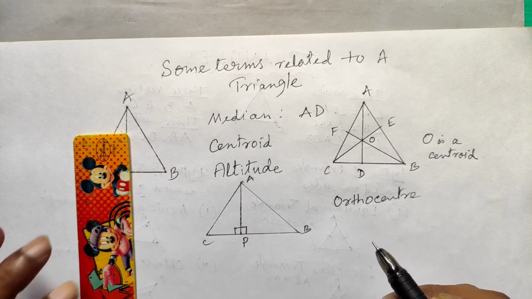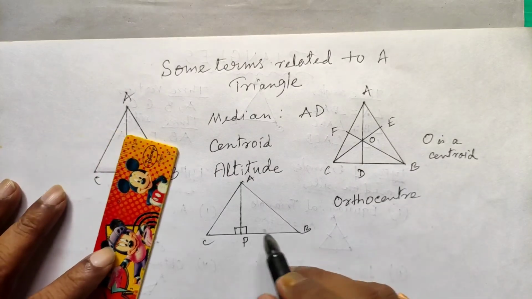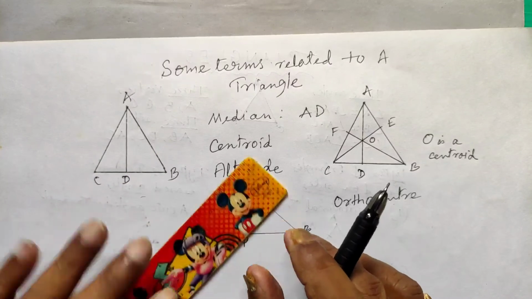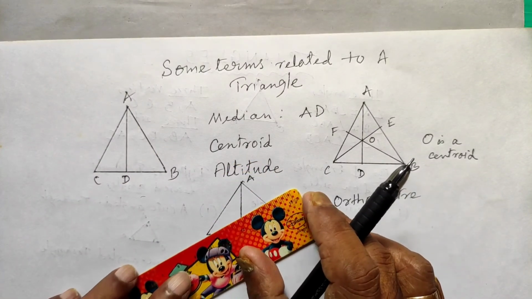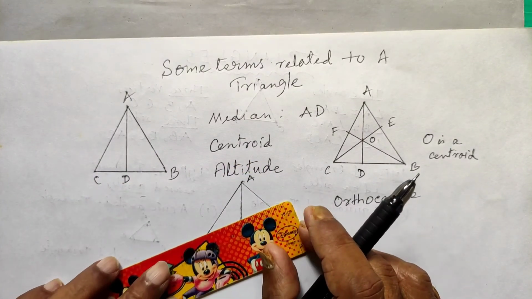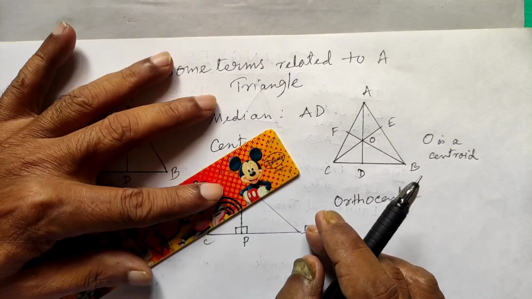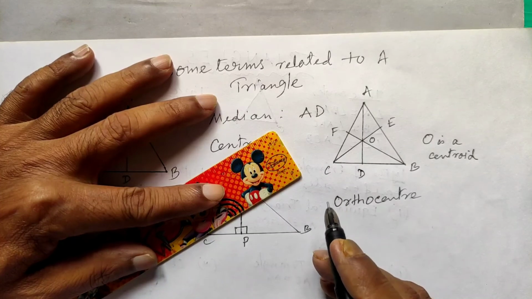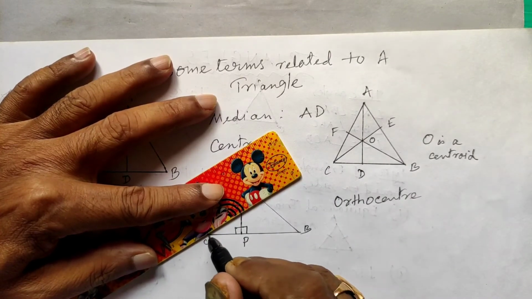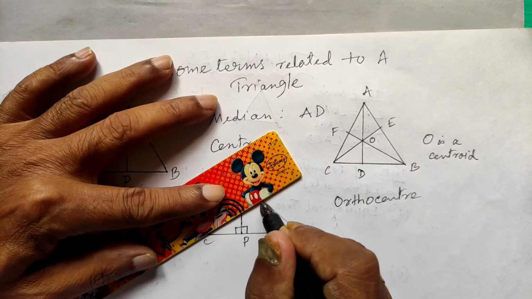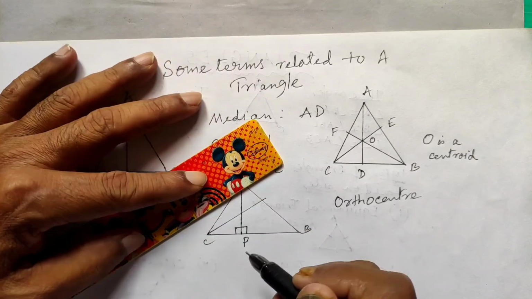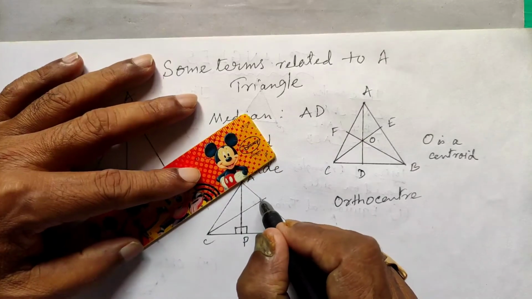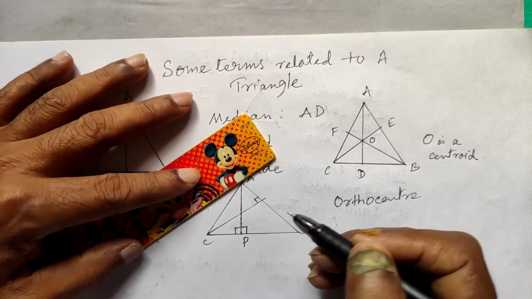That means in this particular diagram I can show you, not to waste time. Remember that all has to be 90 degrees.